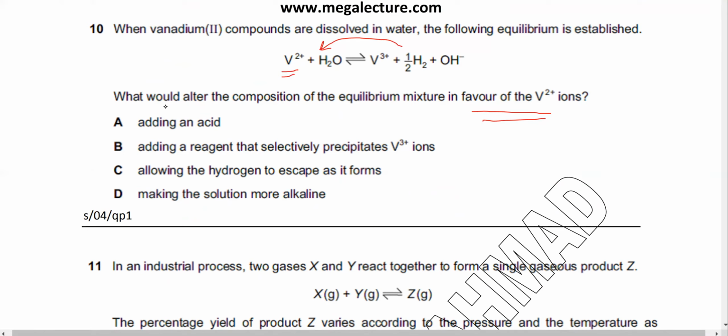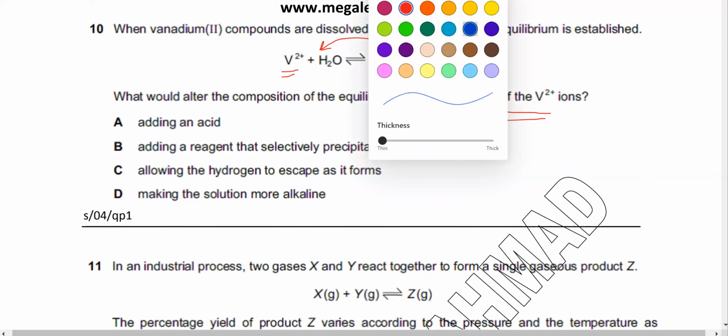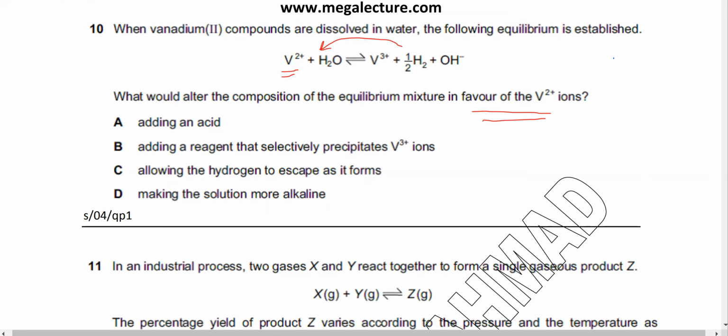So one by one, starting with the first point. The first point is you add an acid, H+ ions. I told you previously that H+ ions neutralize the OH- ions to form water. So immediately, what would happen?